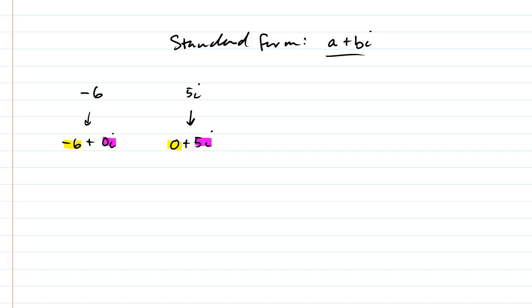Also, these things can be fractions and so on, so if you see something like 5 halves plus 3i, still, you have the real part, and then you have the complex part, or the imaginary part. So what happens is sometimes you'll have something like 2 plus 3i all divided by 5.